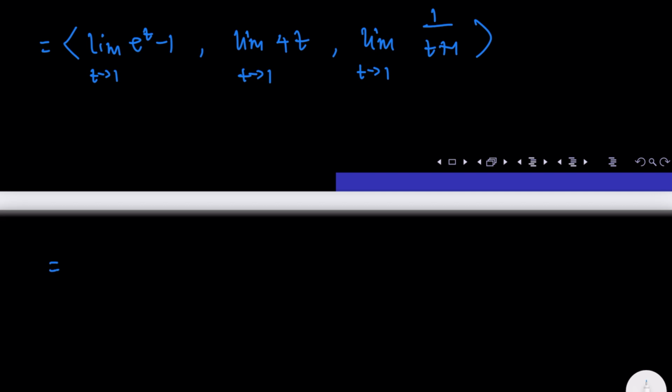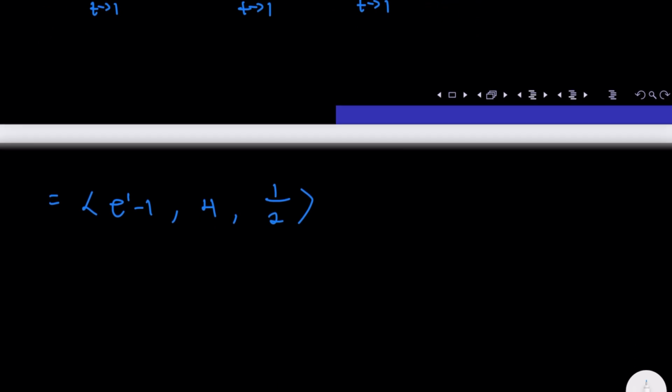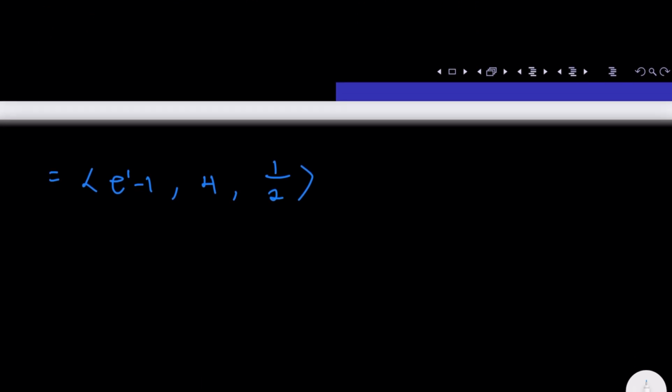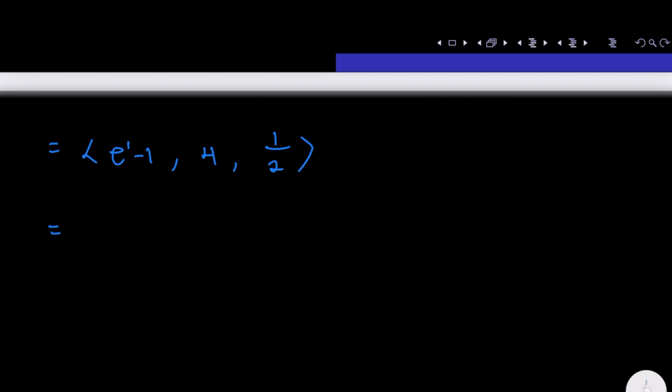So for the i component, we are going to have e^1 minus 1, and the j component will give us 4, and that of the k component is going to give us 1 over 2. So this is the limit of the given function, which can be rewritten as (e minus 1)i plus 4j plus 1/2 k.